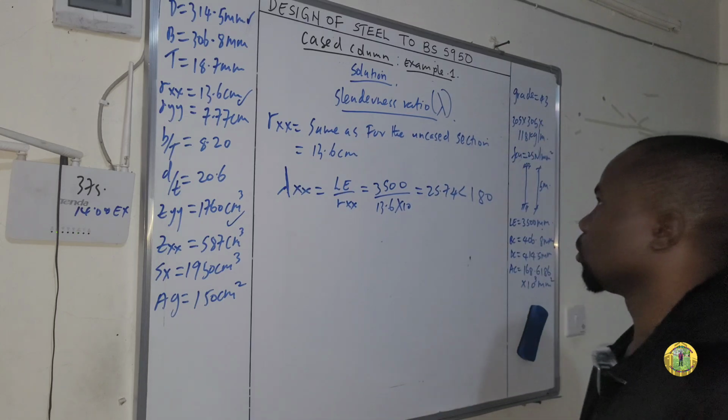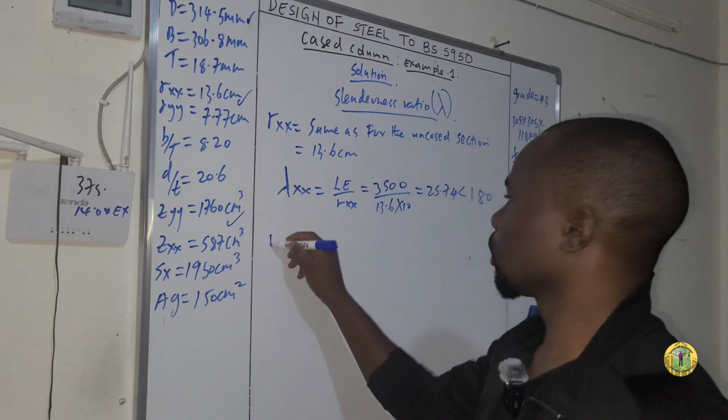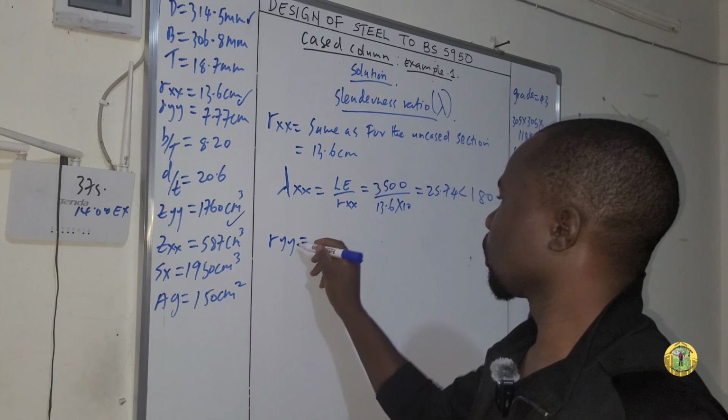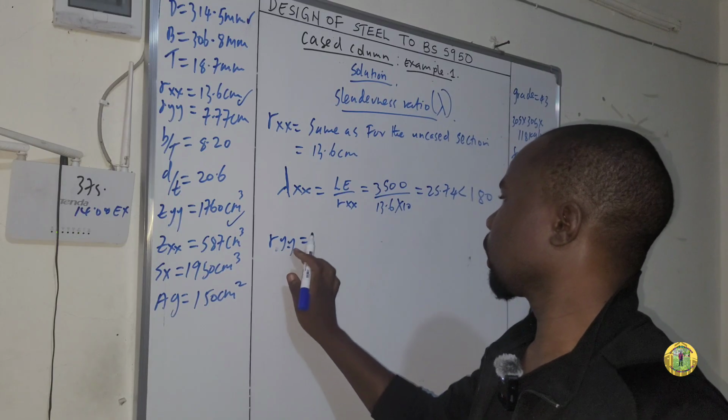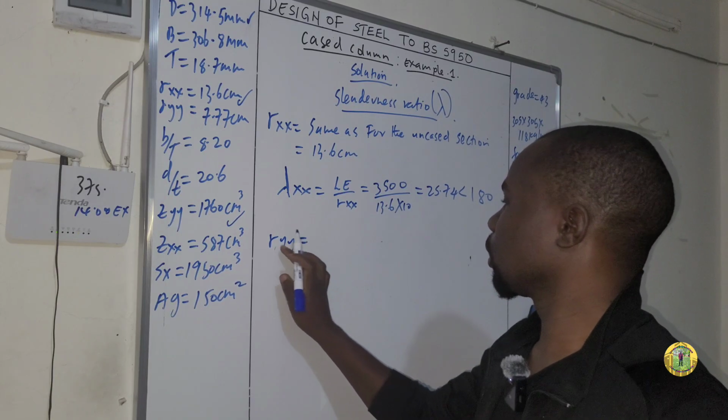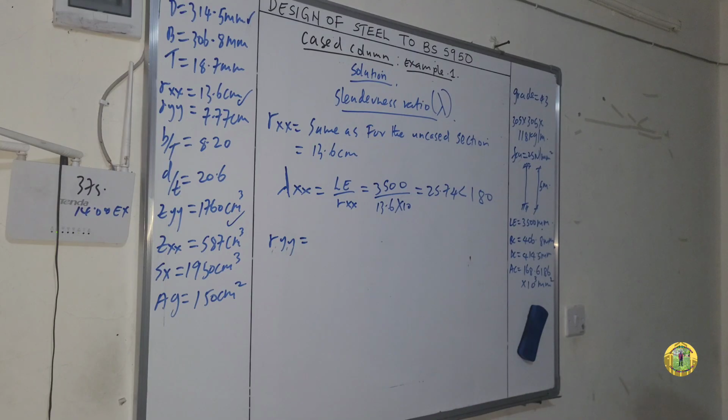Now let's go to RYY. RYY is the radius of gyration about the YY axis. This is given by the formula 0.2 BC.